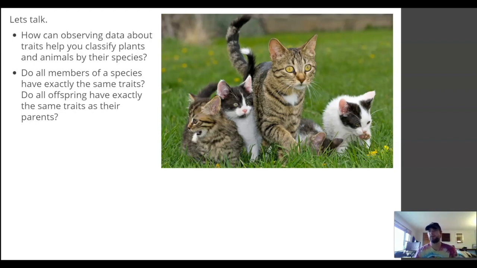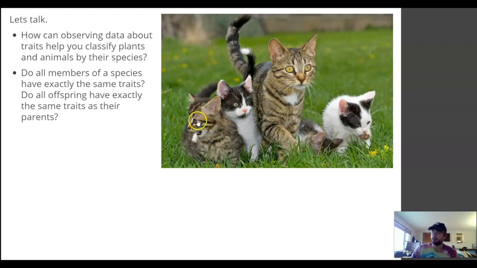For the first one, with observing data, by looking for traits, we can help figure out if animals or plants are in the same species. So when we look at this picture of the cat again, we can make a pretty good guess that these cats are all the same species. They're all cats because of the way they look.